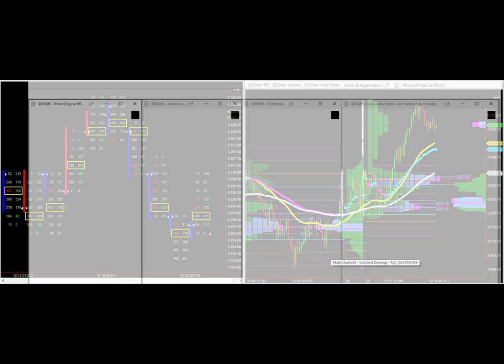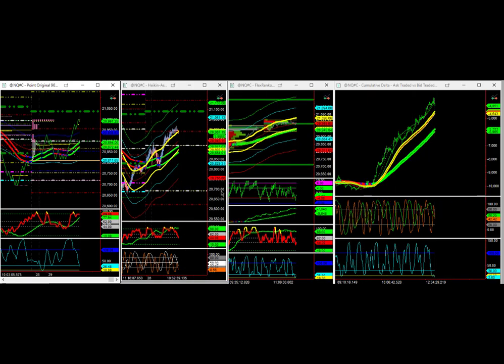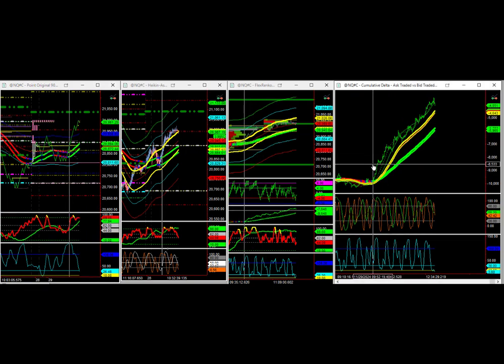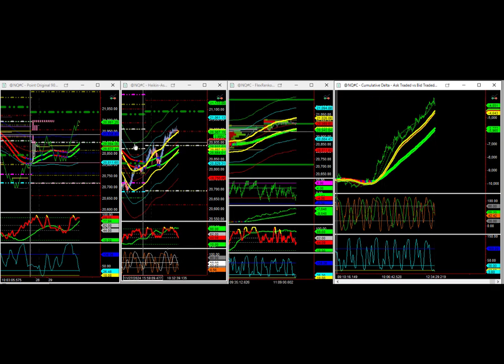So that is how you do it. And if you want to really see it in an easy way, order flow, and all day it was bullish. Now this is a cumulative delta. We talked about it. All right.